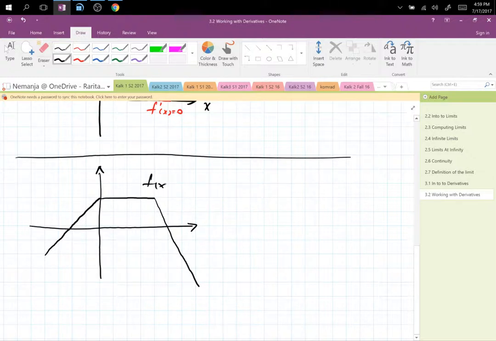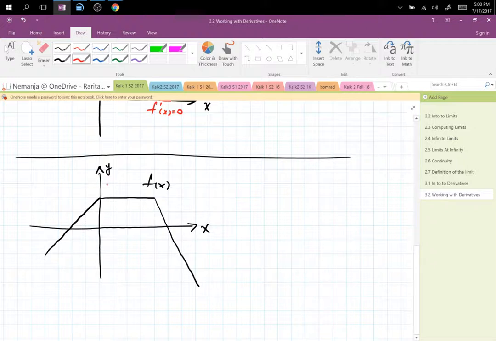So let's say this is our f of x now. Now if you really want to find the equation for that function, you can, because all of these are linear pieces, so it's easy. It's going to be a piecewise function with 3 pieces. They're all linear. But to discuss the derivative, we actually don't have to do that. We can just look at this and immediately draw the graph for the derivative, because all of these linear pieces are easy to deal with.